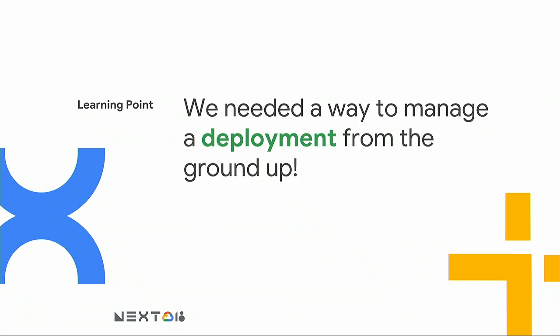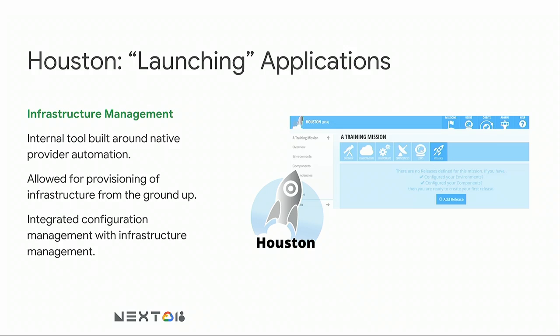So after about a year of working with Chef in the organization, we started building a new internal tool called Houston. And Houston was an infrastructure management tool. So it was built around our native infrastructure provider APIs. It used their tooling. It still used Chef underneath the hood to provide runtime configuration.